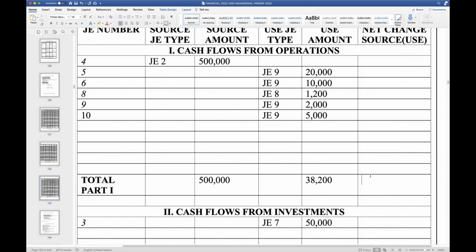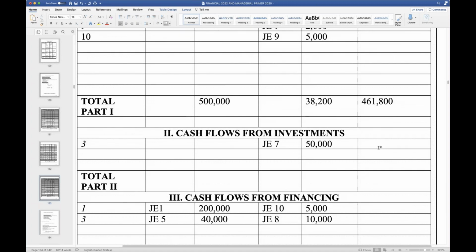Just subtract them. It's 461,800. So that's a good thing in terms of what we have from operation.